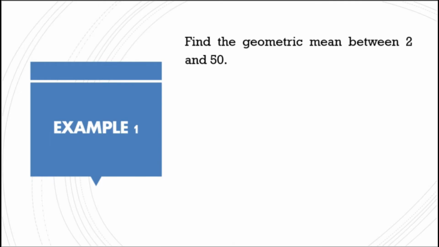Example number 1. Find the geometric mean between 2 and 50. Since we are only looking for one term, we can use the formula m squared equals a multiplied by b. To remind us what is a, what is m, and what is b, we can illustrate the given and unknown. 2 is a, m is the unknown, and b is 50.